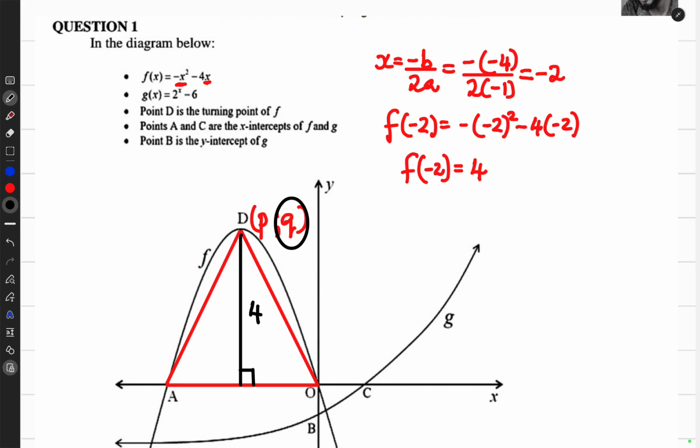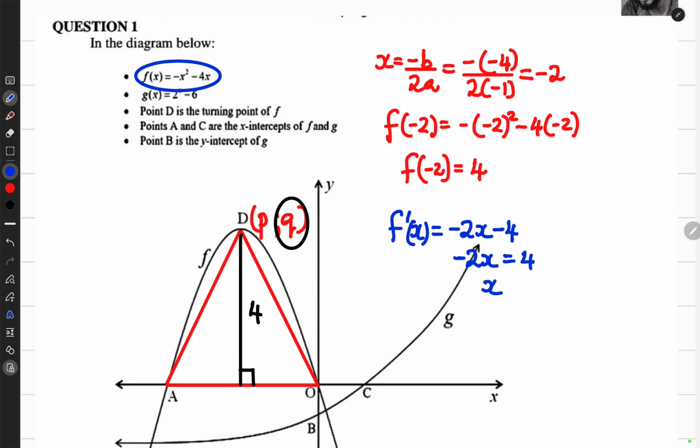Then after that, I said in grade 11, let's move on to grade 12. How would you do it? You would have to differentiate f of x to find the x value. You would differentiate once to get negative 2x minus 4, and to solve, you would say negative 2x equals positive 4, so x is negative 2.